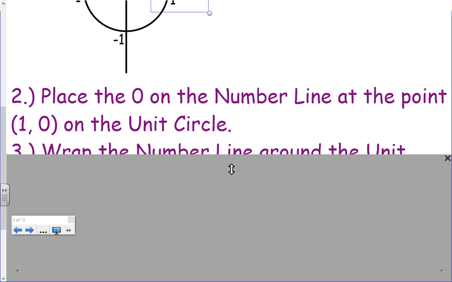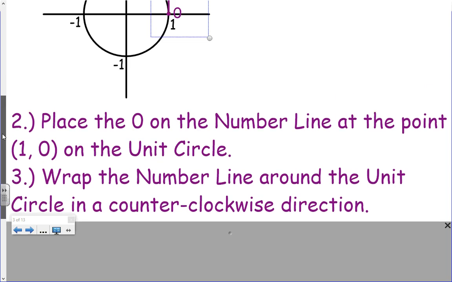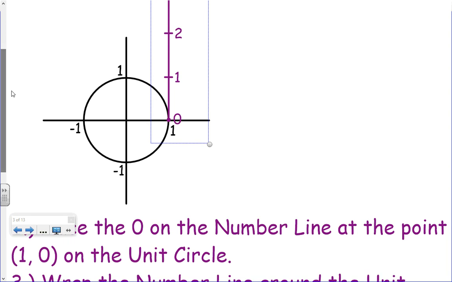All right, and then it says to wrap the number line around the unit circle in a counterclockwise direction. That's the direction we measure for a positive angle when it's in standard position, counterclockwise. Now, I can't actually wrap this thing around here, but instead I'll kind of simulate what it would do if I wrapped it around here.